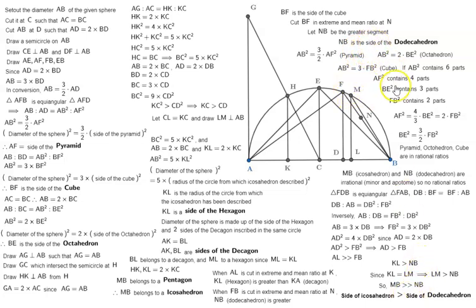So that is the kind of relationships that exist between the sides of the various figures, or solids, that is pyramid, cube, octahedron, icosahedron, dodecahedron. That was proposition number 18 of book 13 of Euclid's Elements.